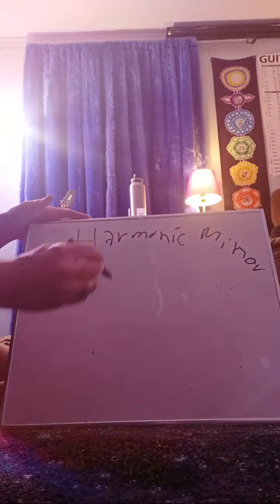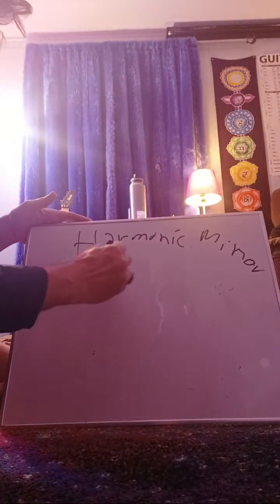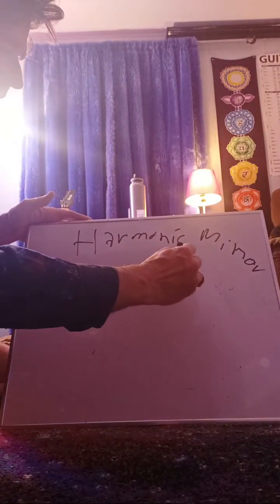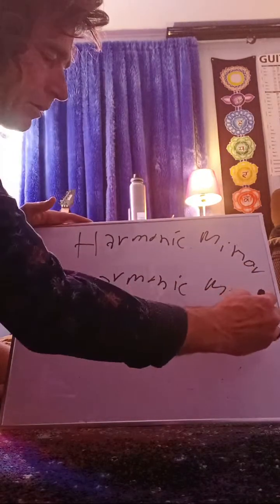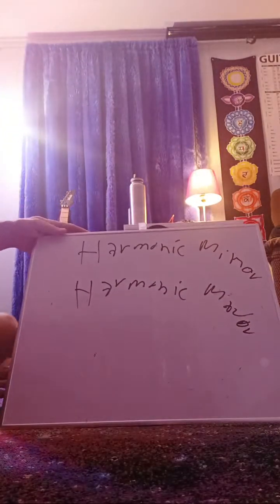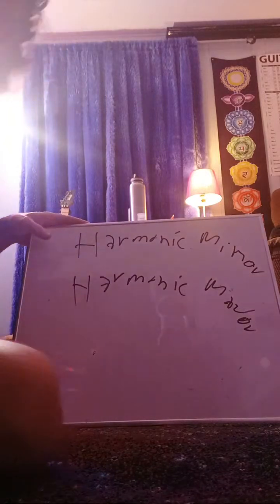The harmonic minor scale is the negative harmony of the harmonic major scale. This is because the two scales only differ in one note, and that's the third.